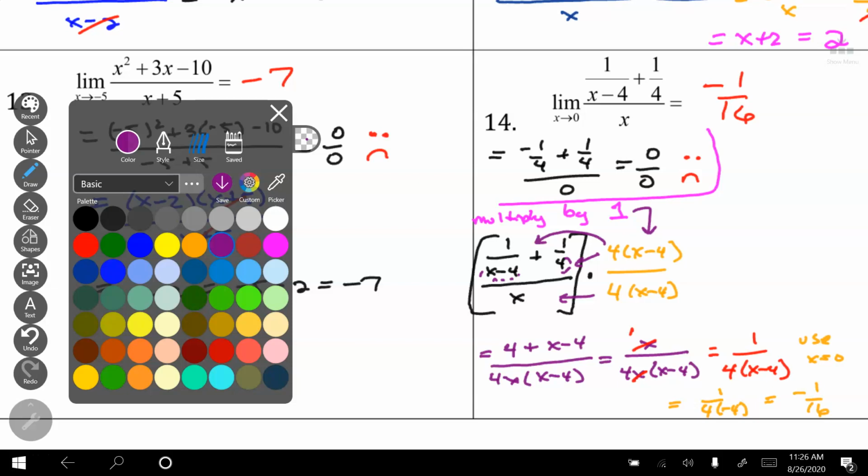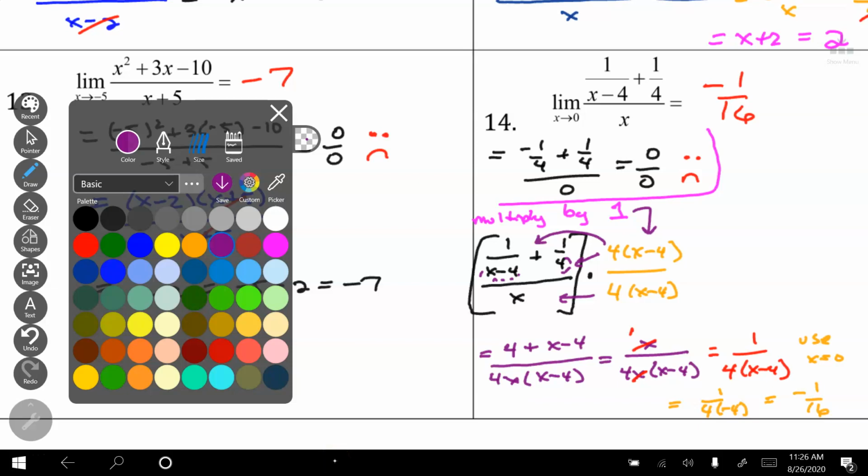And then I distribute. So when I do 1 over x minus 4 times 4 times x minus 4, the x minus 4 cancels out. I get 4. I do the same thing for the second fraction here. I get x minus 4 left over. And then I multiply this whole denominator. I don't multiply it out. I just leave it as 4 times x minus 4.